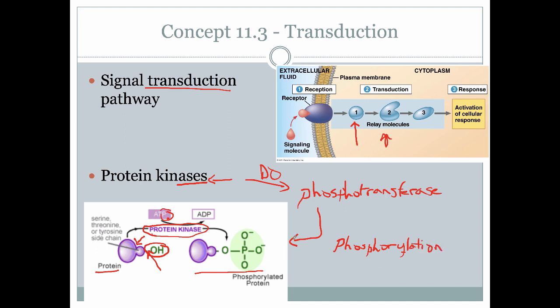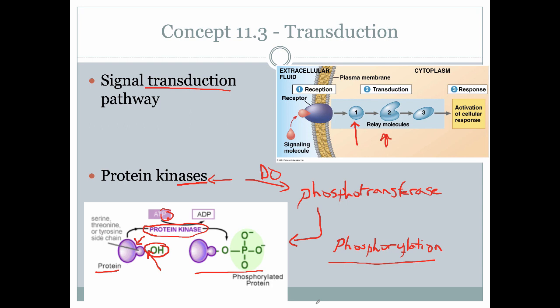Phosphorylation is the verb that you can use to refer to a protein kinase that does a phosphotransferase reaction. So this one word, phosphorylation, encompasses these two terms up top. So phosphorylation results in something called a phosphorylated protein, and that tells you that this protein has been chemically modified. It's sitting in the cytosol by itself like this, and then we can attach a phosphate to it.